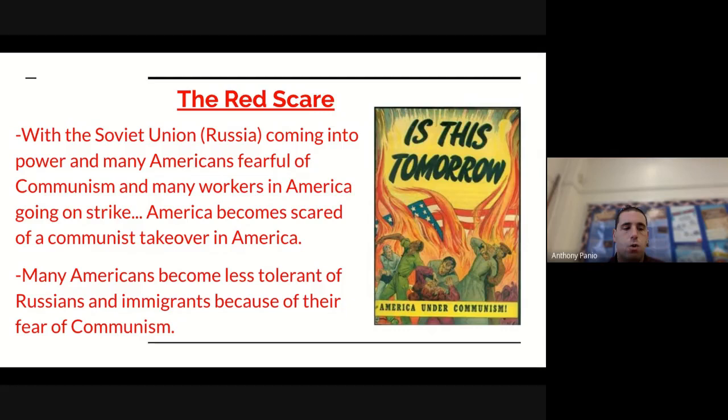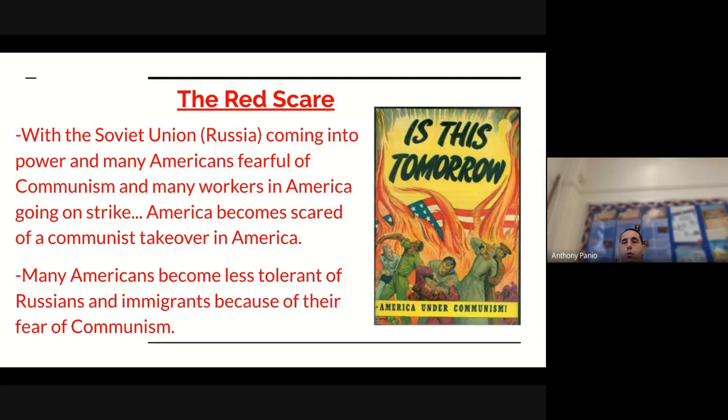Because when communism or socialism comes to a country, it's going to come from the people that are very poor and struggling. If things are going very well and you're making money, you don't want to change the amount of money you're making. But if you're really struggling, you maybe say, hey, maybe this capitalist form of government's not so good. So a lot of people in America became fearful of this because they didn't want communism to take over.